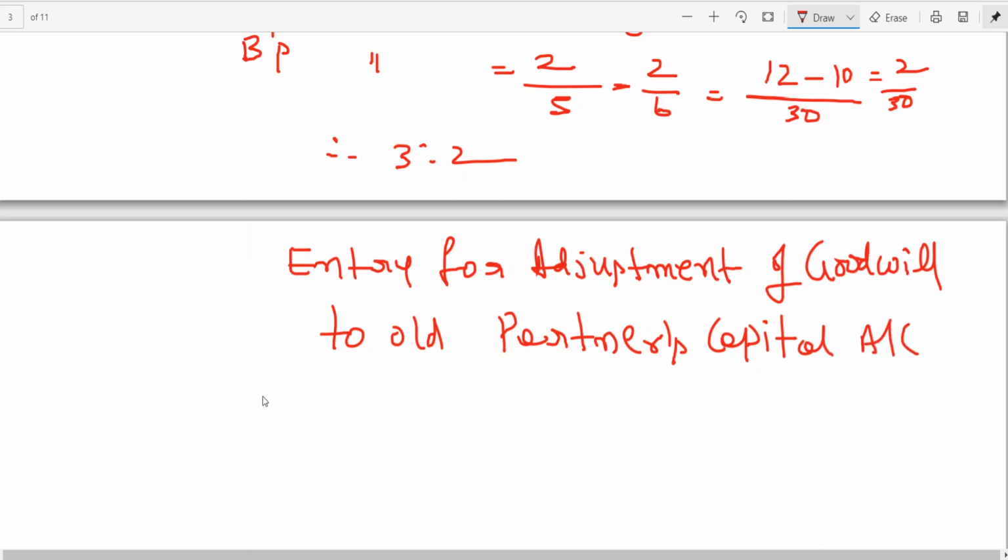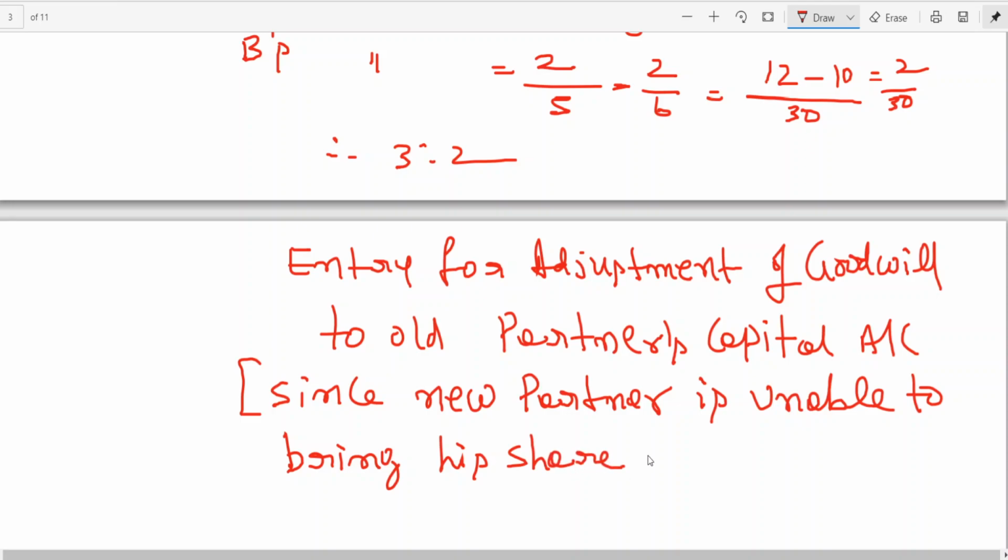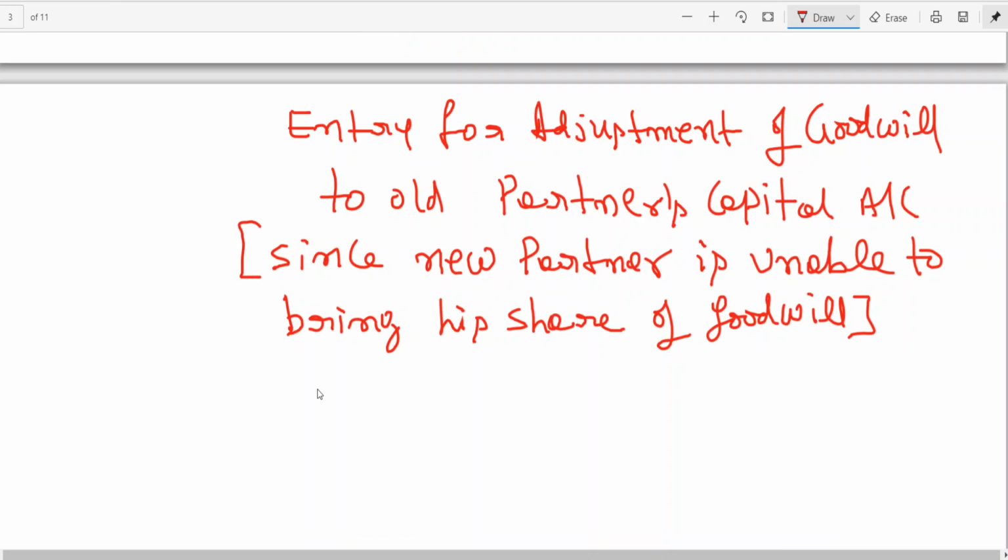Entry for adjustment. Why? Since the new partner is unable to bring his share of goodwill.